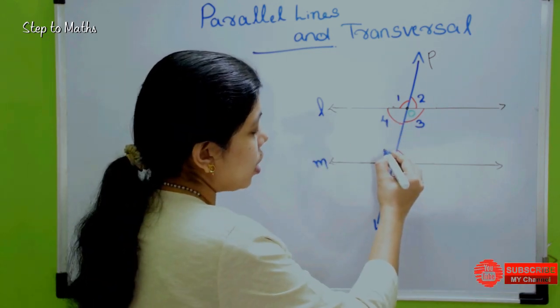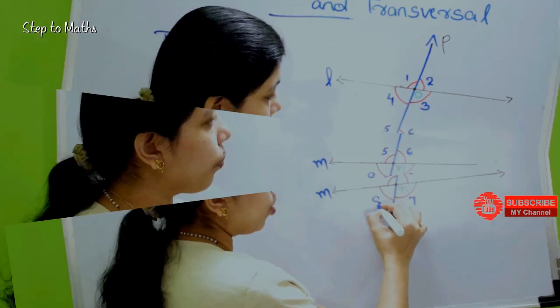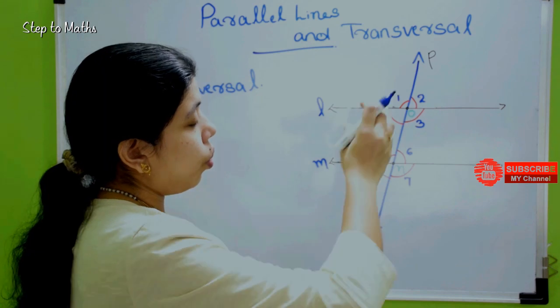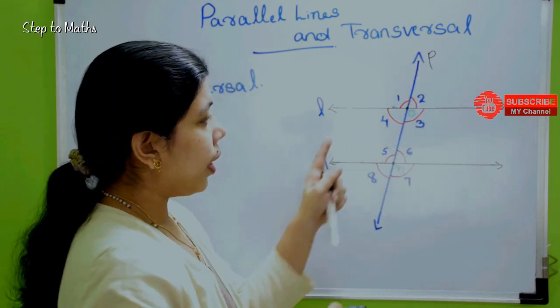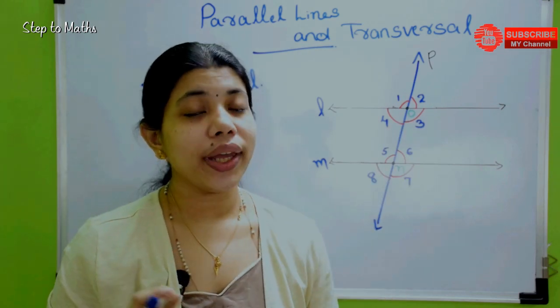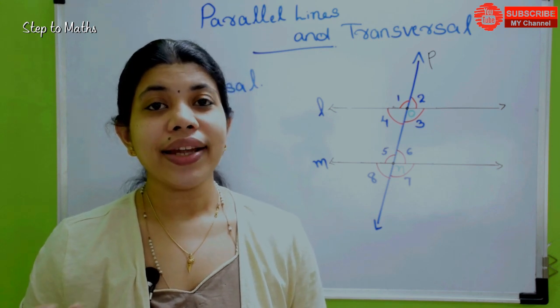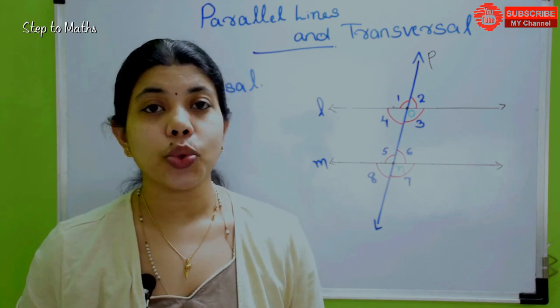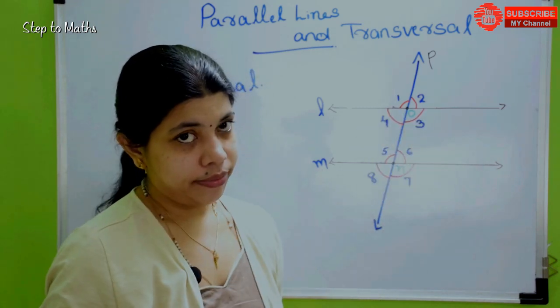And these angles we can label as 5, 6, 7, 8. Due to this transversal, 8 angles are formed. Or we can say that when two parallel lines are cut by a transversal, 8 angles are formed.